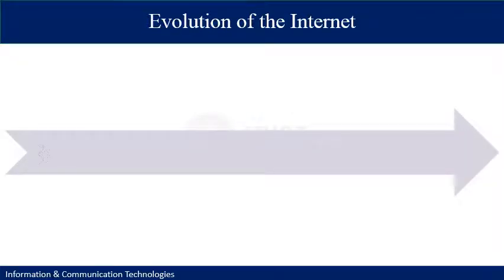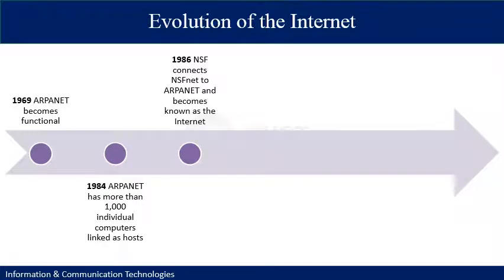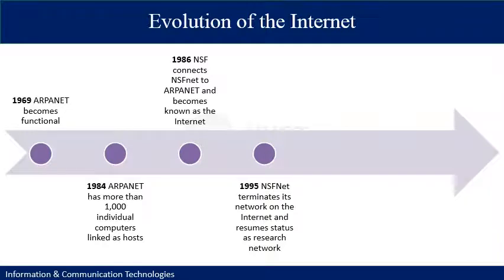This diagram briefly depicts the evolution of the internet over the years. As described earlier, the ARPANET was founded in 1969, and it involved only a few military bases or defense departments and some universities.